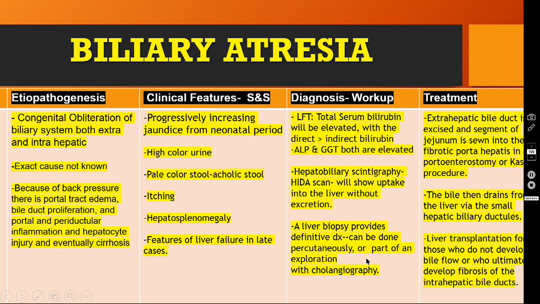If you do the intraoperative cholangiogram, this thick bile will be dissolved by the dye which we are injecting, and the patient will be all right. Actually, it is not a case of biliary atresia. So the cholangiogram will be therapeutic in those cases.